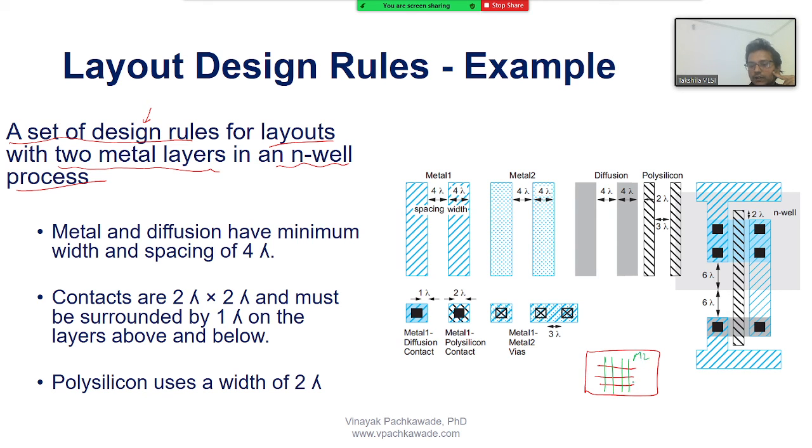This is M2 and this is M1, so they are just overlapping but not shorted. So you have flexibility as a layout engineer in the given area, because the extra metal layers can be on top of each other. It's just like a multi-floor building. Did you understand?